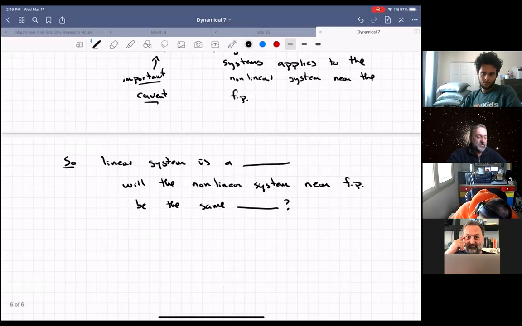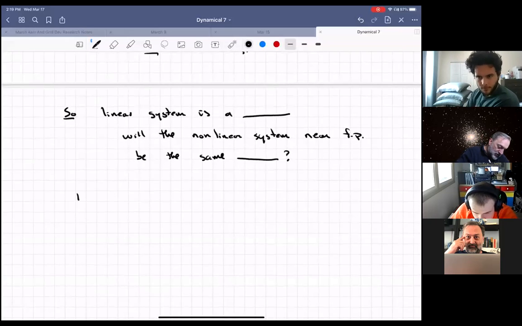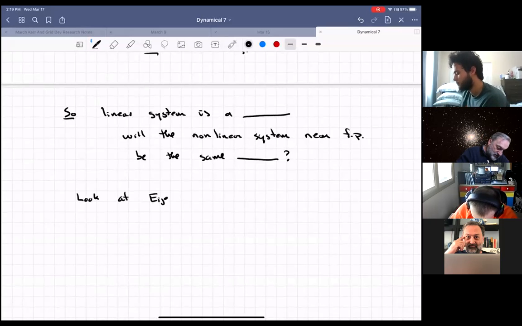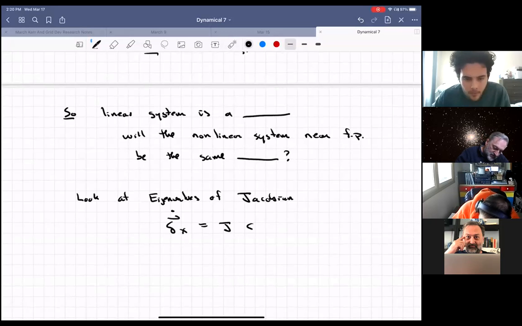Okay, so it turns out that the critical thing is to look at the eigenvalues of the Jacobian matrix. Right, so we have delta x vector dot equals the Jacobian matrix times delta x vector.